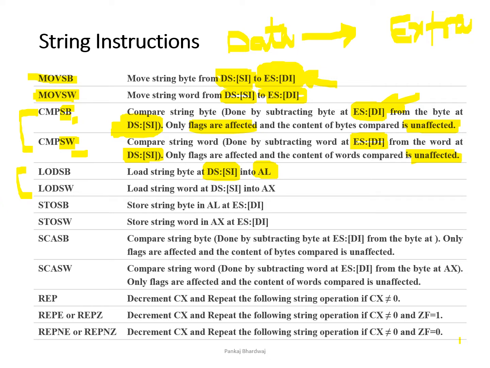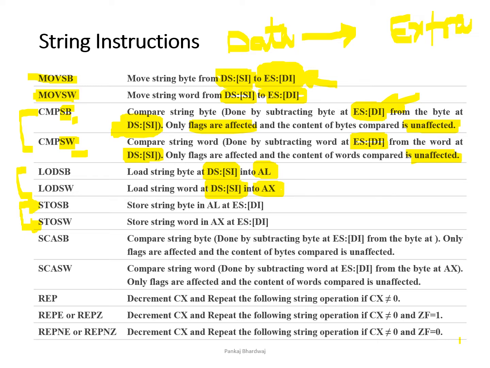It's an 8-bit register, so 8 bits are moved into AL. Similarly, load string word means 2 bytes from the data segment will be moved into the 16-bit register, that is AX.